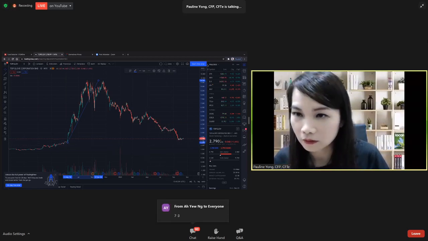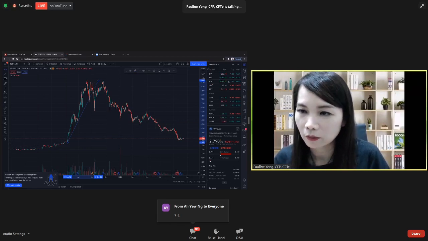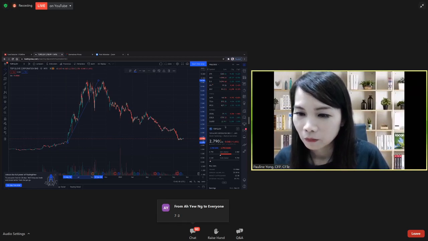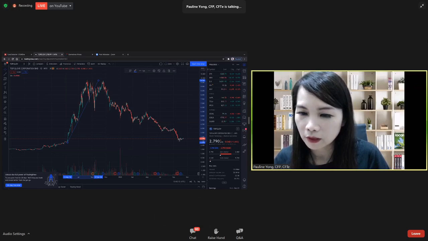Do you think we are currently right at the wave number 3, or we are at the wave number 5? What wave is this now? Are we at wave number 3 or wave number 5? What do you think? It depends on how you look at this.